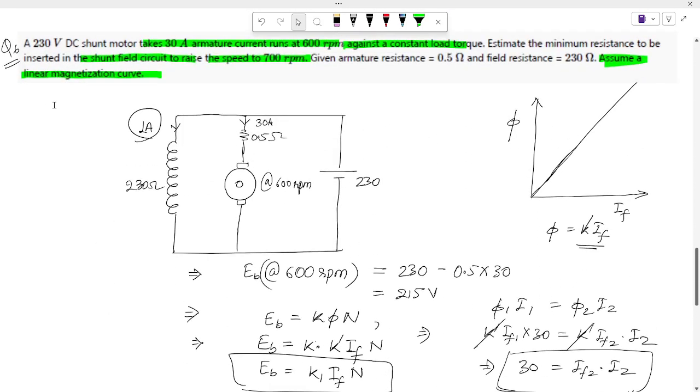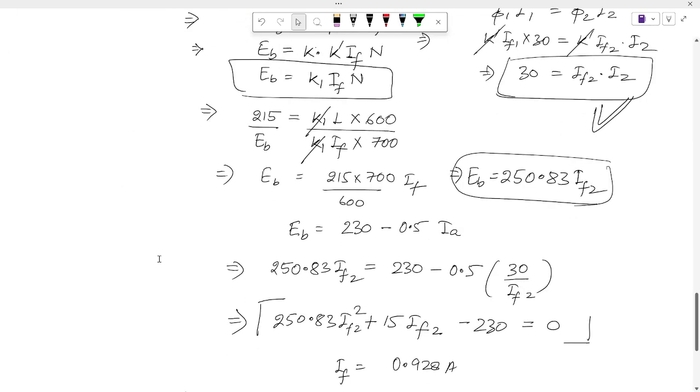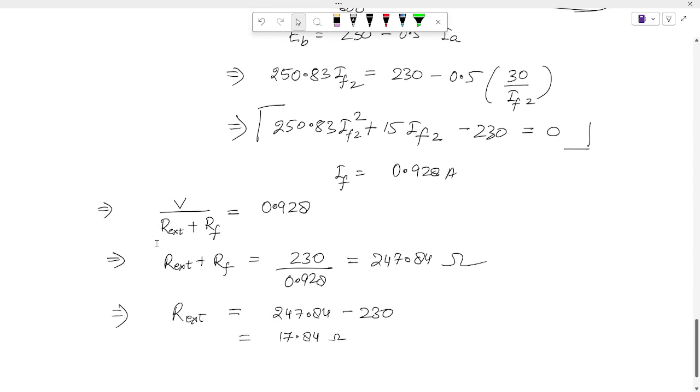Fine. Or did we make some mistake? Please check out, because I'm not getting the answer within the range. Sir, I have done the same analysis, but I have got 21.39 ohms. No, no. Okay.